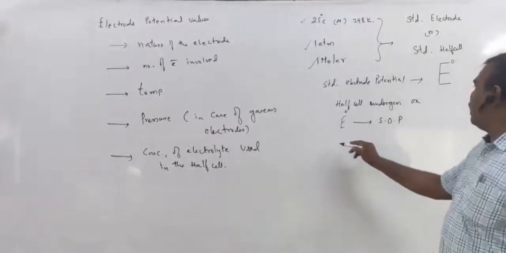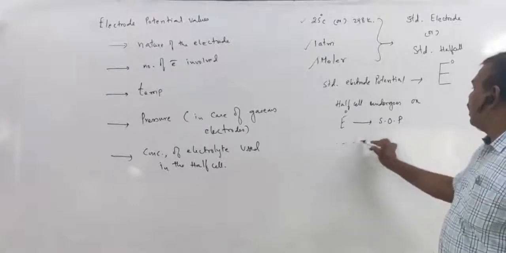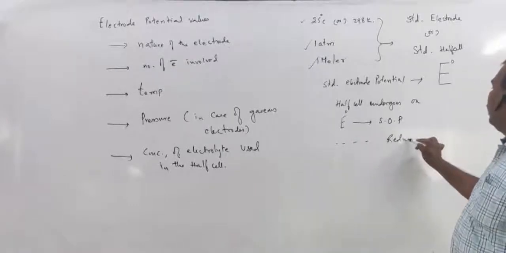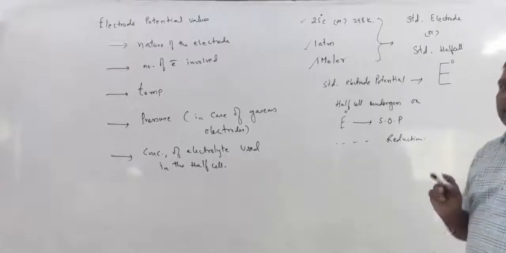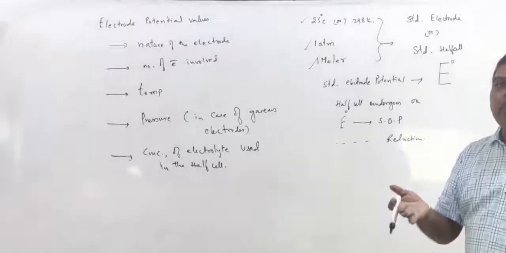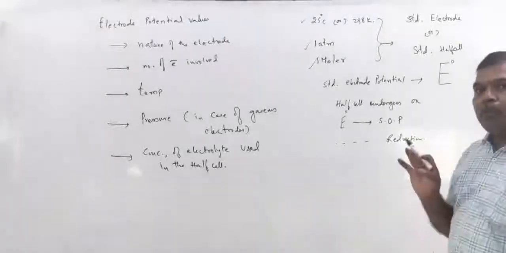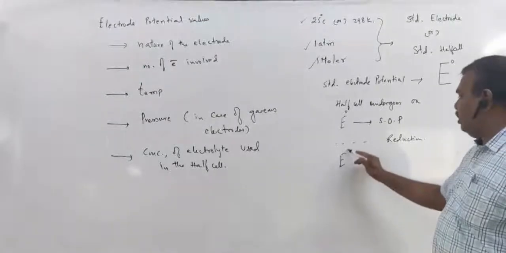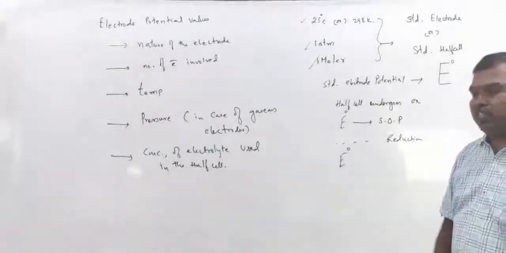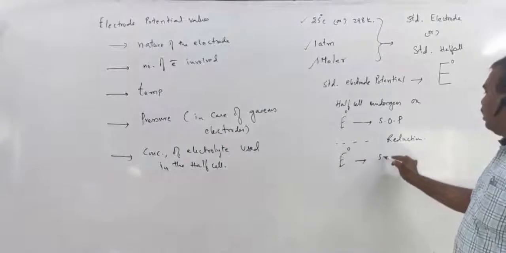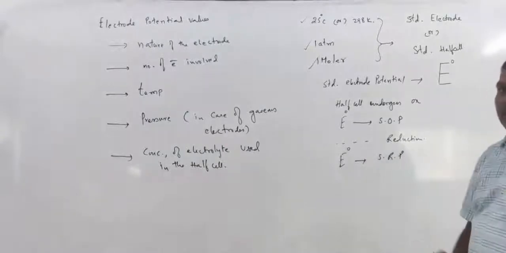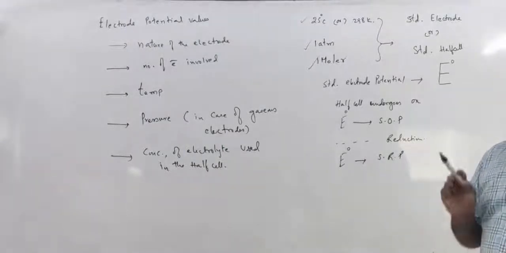If the half cell undergoes reduction, so a reduction half reaction takes place at a particular electrode, then the potential developed is the standard electrode potential. Therefore, it is called SRP, standard reduction potential.